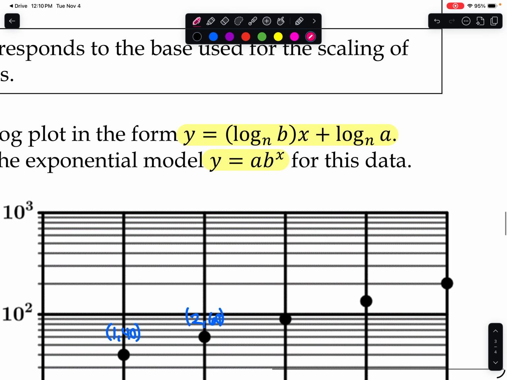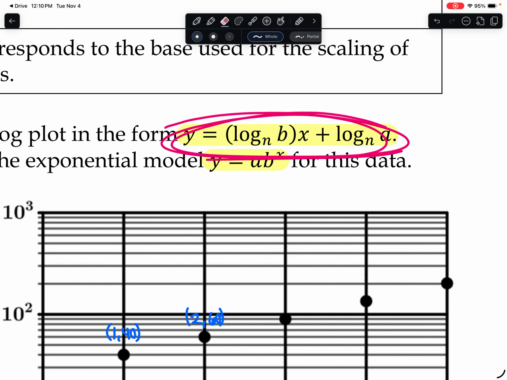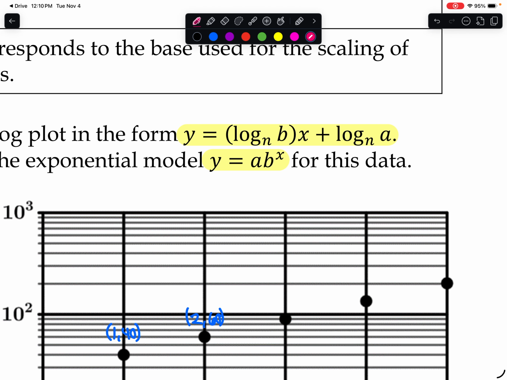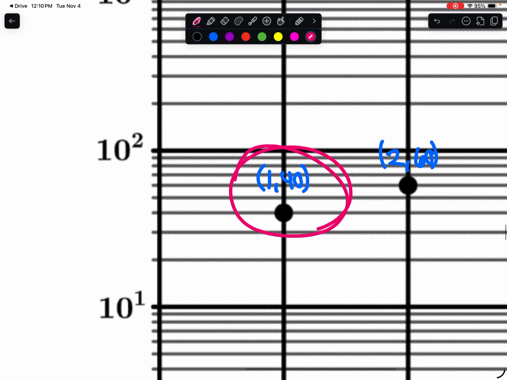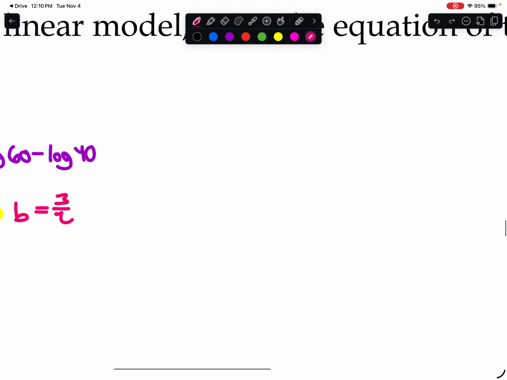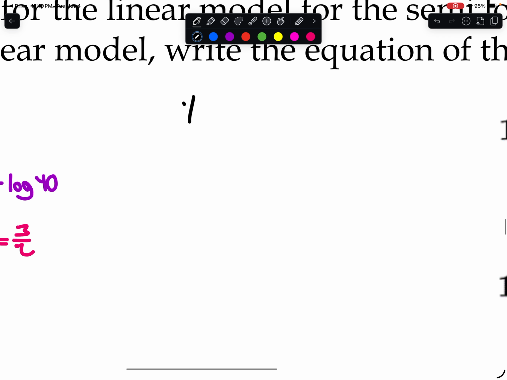So now that we have the b value, I want to go back up to my model up here, and I want to plug in another point so I can solve for my a value. So I'm actually going to plug in 1, 40. So I'm going to write out my model. So we have y equals log base n. So really we're in base 10, so I don't have to write the 10.